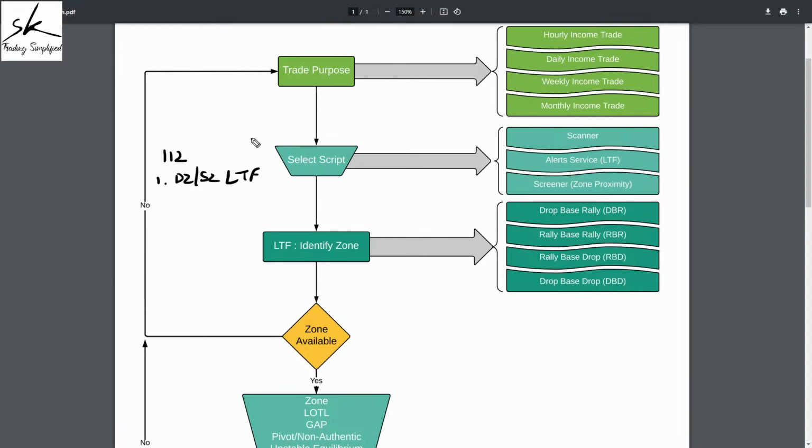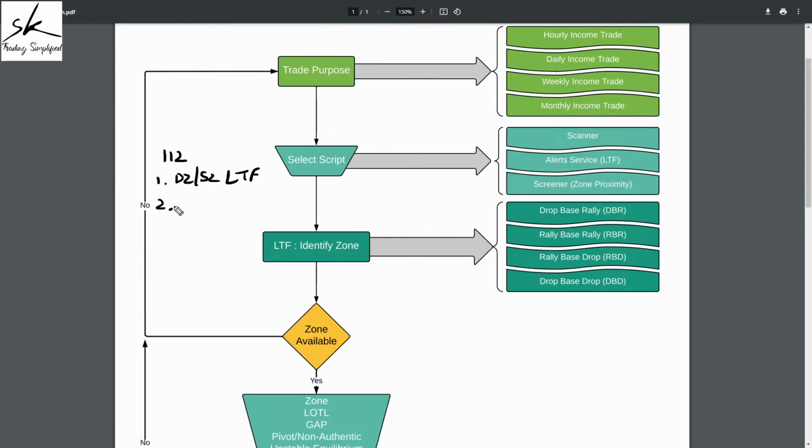The reason is that none of these 150,000 plus scanners that I showed you are based on demand supply zones. So just because something is getting shortlisted does not guarantee that it will have a quality area on the lower time frame. When you analyze such a big list, you might find a few with quality areas, but the majority might not, which is where you'll be wasting a lot of time analyzing symbols where nothing actionable is available to you.